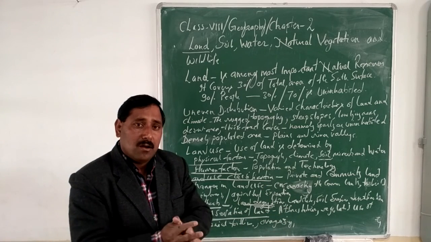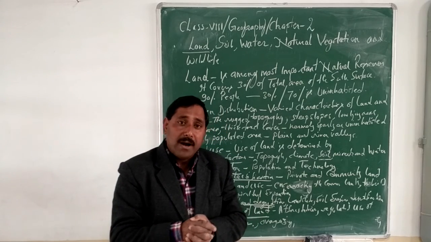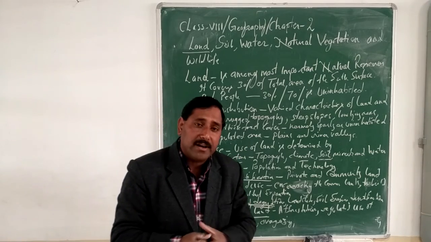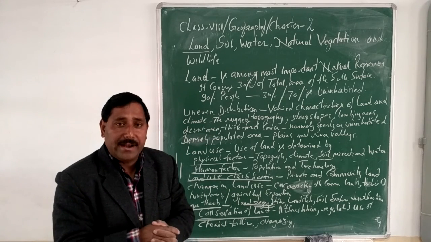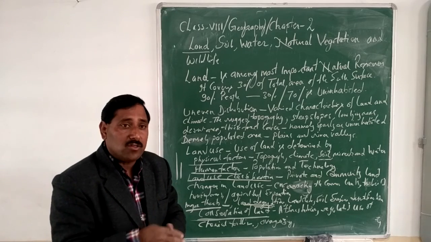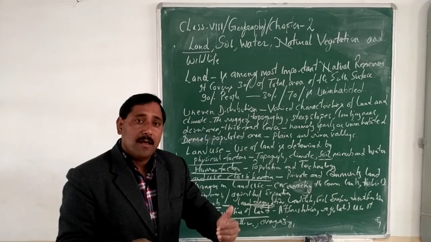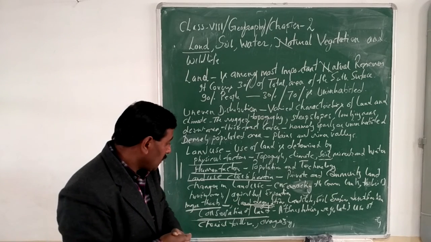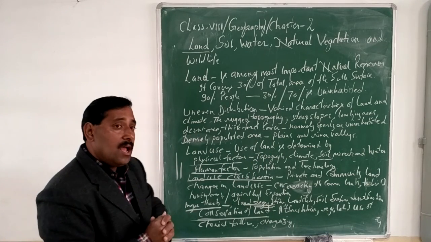But one side effect was that the fertility of this important agricultural land, the soil, has gone down. So we need to check on this. There should be a limitation on the use of chemical fertilizers. We should use manures and natural fertilizers in place of that. This is the meaning of regulated use of chemical fertilizers.